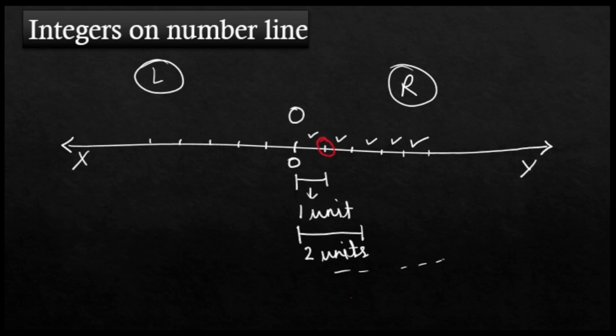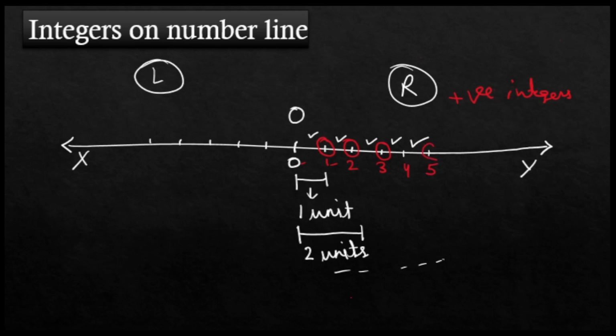Points at 1 unit, 2 units, 3 units represent integers. Positive integers go to this side. For example, I am writing this point as 0, 1, 2, 3, 4, 5.